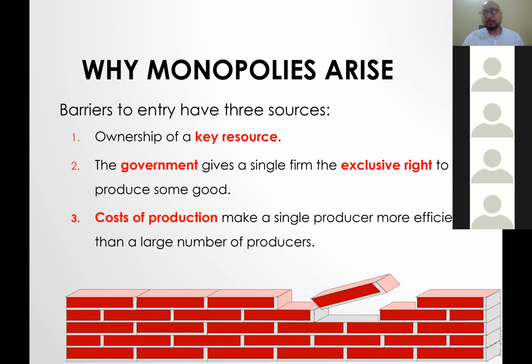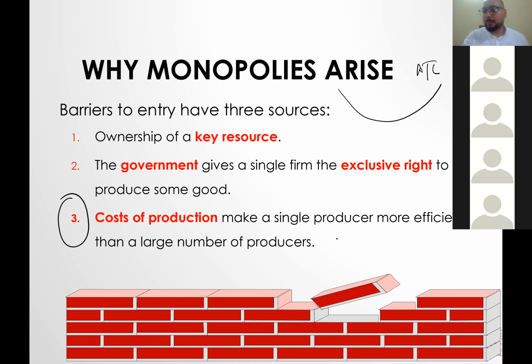And the third one, which is very important, we call natural monopoly, which is when a company lowers its average total cost to the point where nobody can compete, right? It means it follows economies of scale. This is the average total cost.